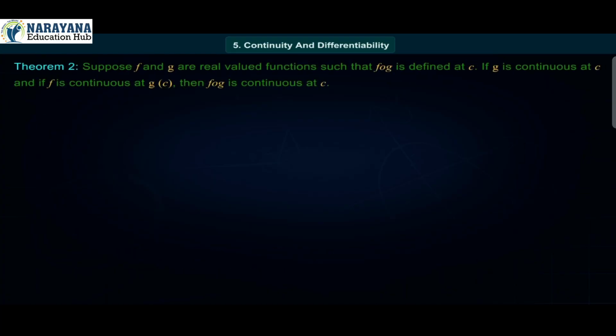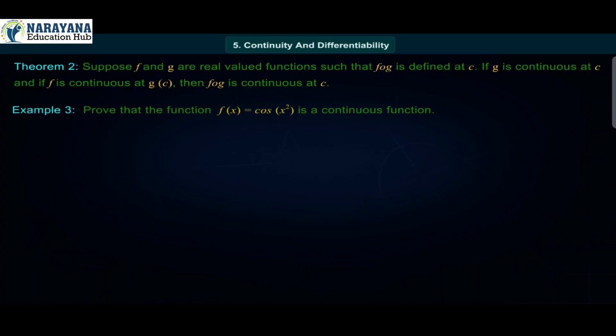Theorem 2. Suppose f and g are real valued functions such that f∘g is defined at c. If g is continuous at c and if f is continuous at g(c), then f∘g is continuous at c. Example 3.